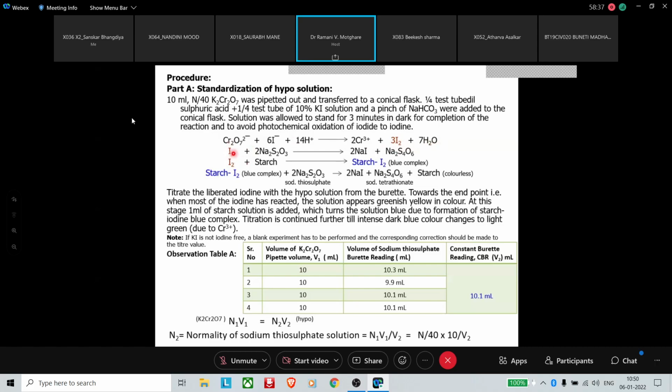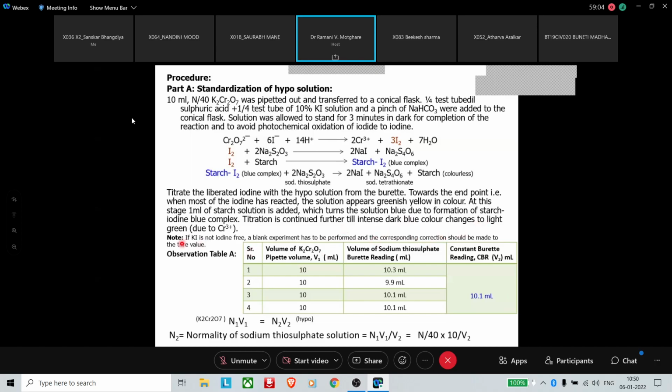Then I2 is determined with thiosulfate, and at the end point you add starch and you get a color change from blue to colorless. So titrate the liberated iodine with this and get the burette reading. Take a screenshot of this so that you will write these readings, this observation table into your file. Okay.